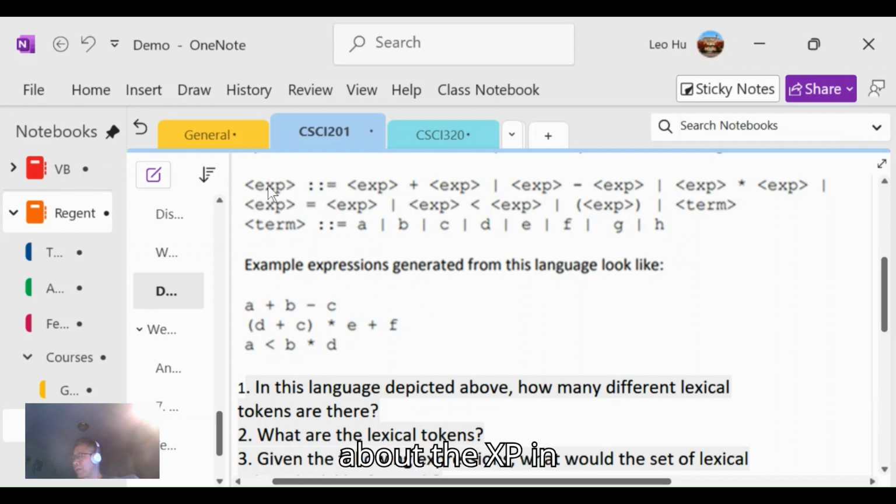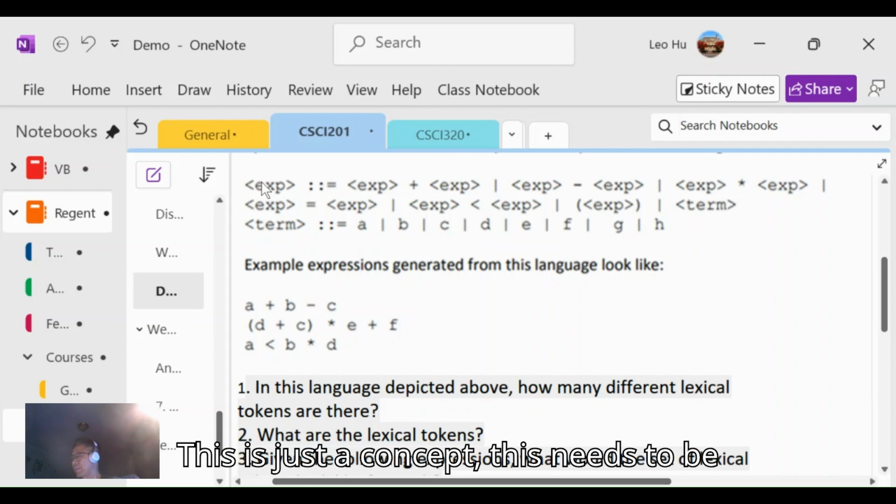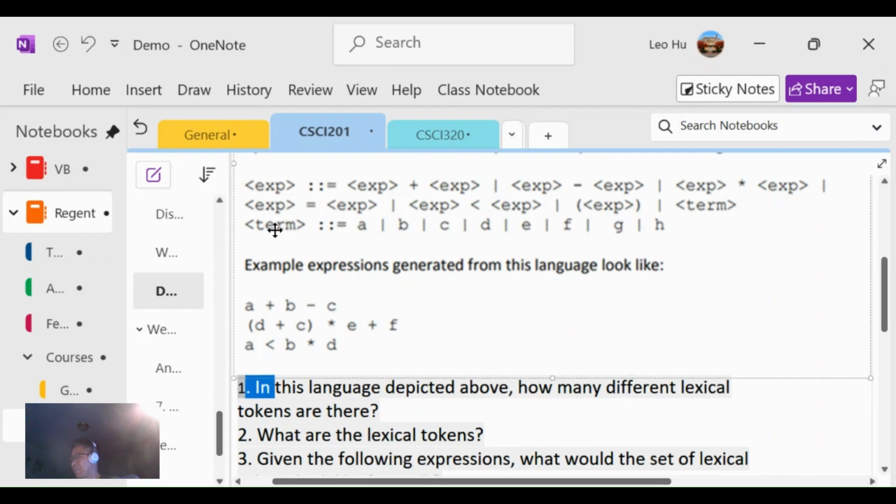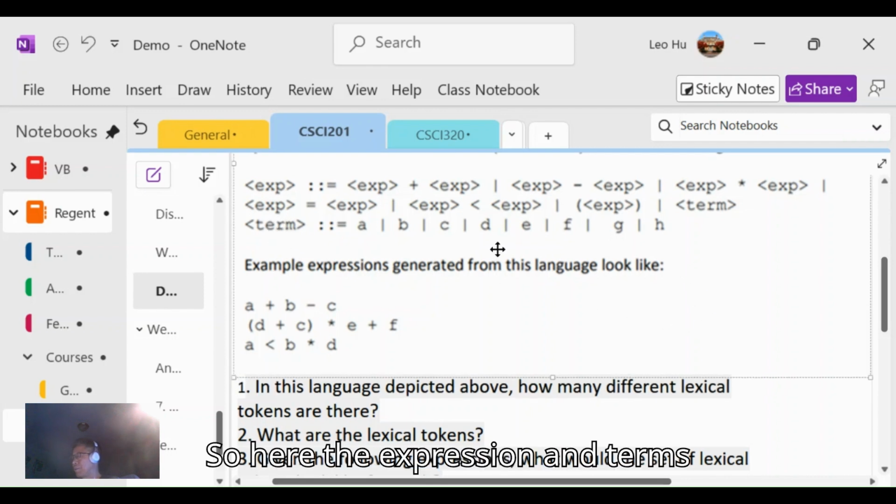How about the XP in the angle brackets? This is just a concept. This needs to be defined. So you cannot count this to be a token because it needs to be further defined. And also term is a concept that needs to be further defined. So here the expression and terms are just concepts to be defined.